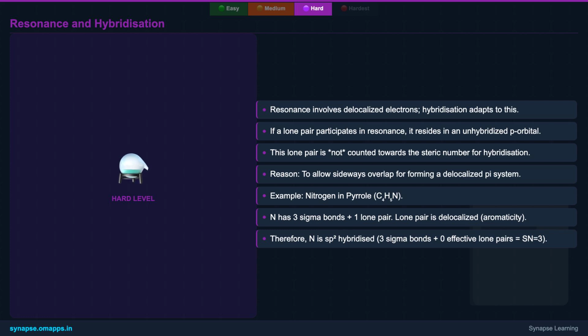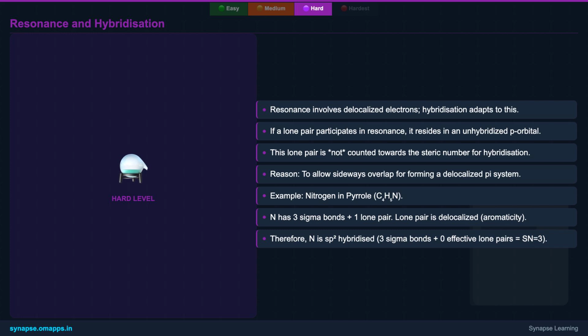The key rule here is that if a lone pair is involved in resonance, it needs to reside in an unhybridized p orbital to enable effective sideways overlap with other p orbitals, forming that delocalized pi system. Consequently, this lone pair is not counted towards the steric number when determining the atom's hybridization.